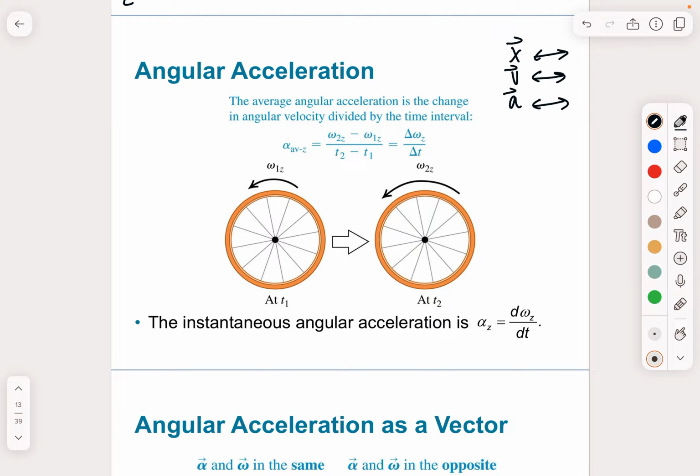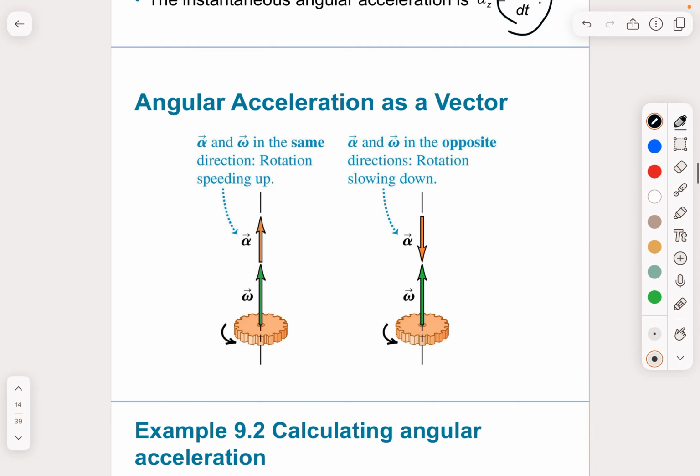So now angular acceleration is also going to be a vector that points along the z-axis. Now the magnitude of that vector is given by the change in angular velocity divided by obviously the change in time, right? We know this. And the instantaneous version is simply the time derivative. So vector-wise, you have the same kind of collinearness, okay? And the same reasoning behind whether the acceleration and velocity vectors point in the same direction or not, okay?